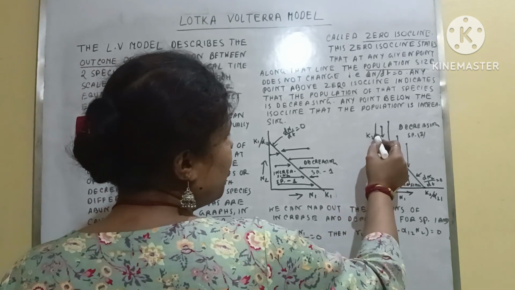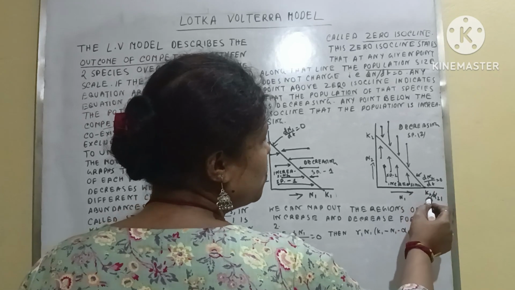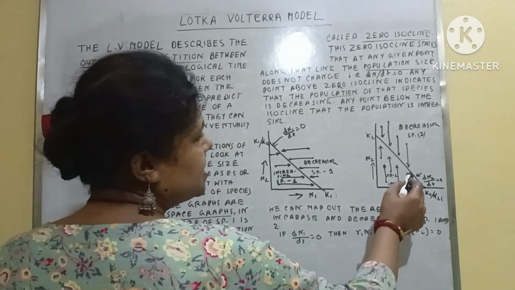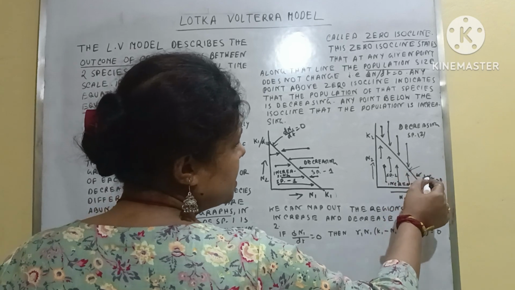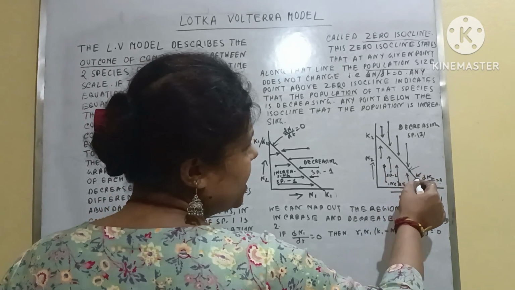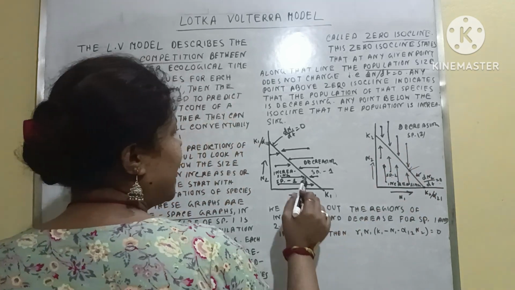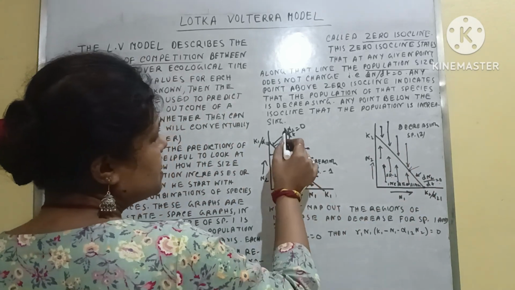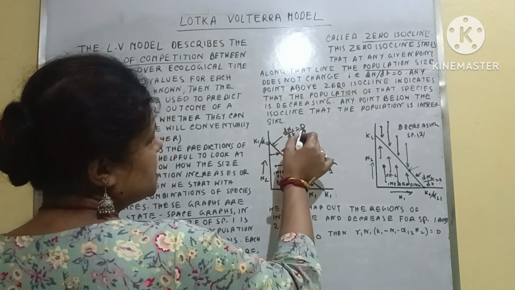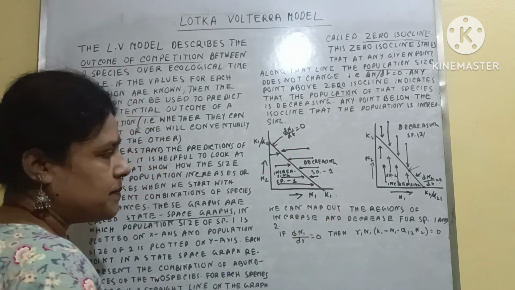And here this point is k2 and this point is k2 by alpha 2 1, and this line is dn2 by dt is 0. That means no population size changes here, and for this other line, dn1 by dt is 0, meaning no population size is changed here.